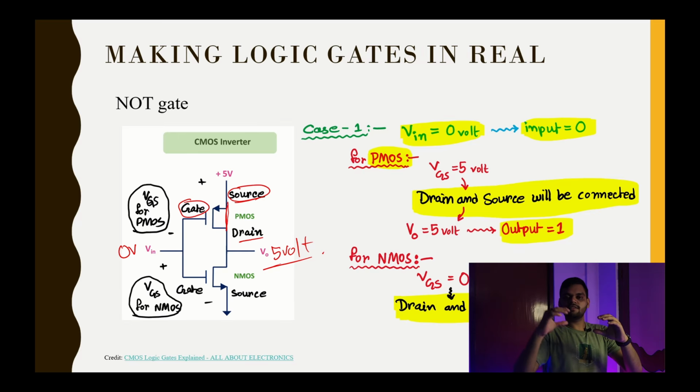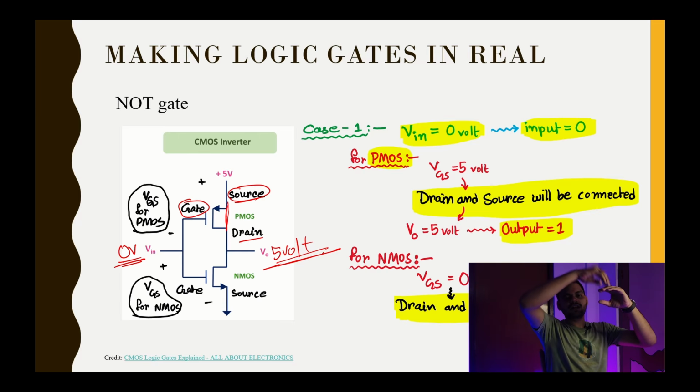After getting the difference, the drain and source will be connected and the output will be 1. We are giving 0 volt as input and getting 5 volt as output.